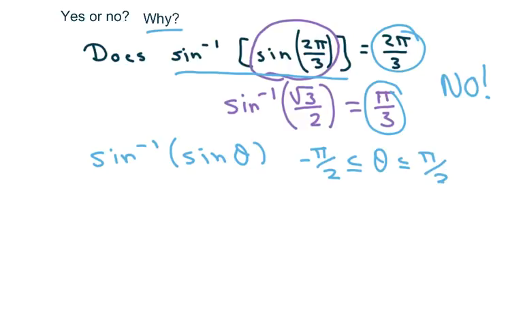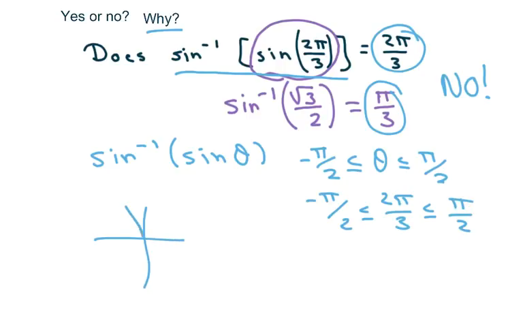And clearly, 2 pi over 3 is not in between these two angles. Remember, 2 pi over 3 is right here. That's 2 pi over 3. And it's not even in quadrant 1 or 4.